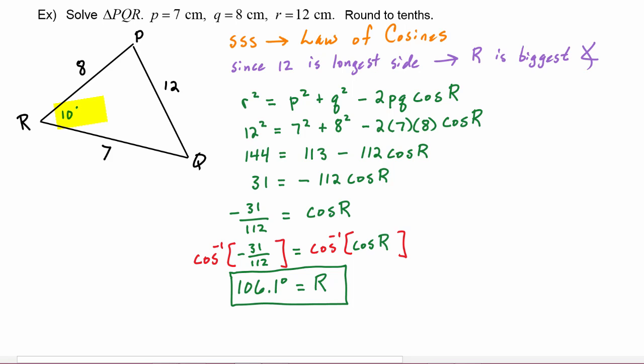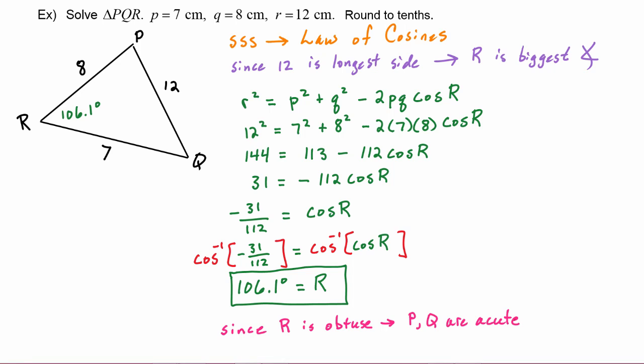R is 106.1 degrees. And remember, since R is obtuse, that means that P and Q are acute. So we will be able to ignore the ambiguous case for the law of sines.